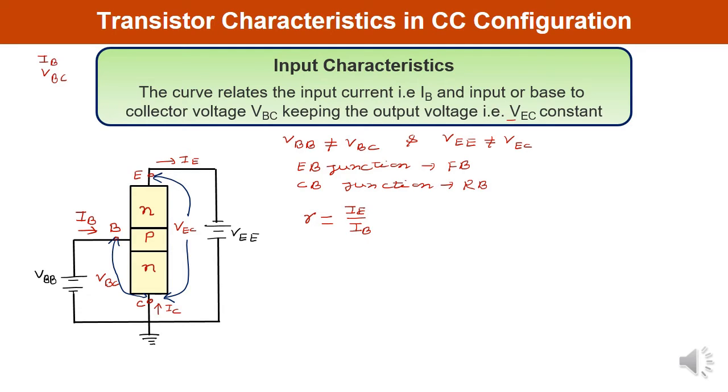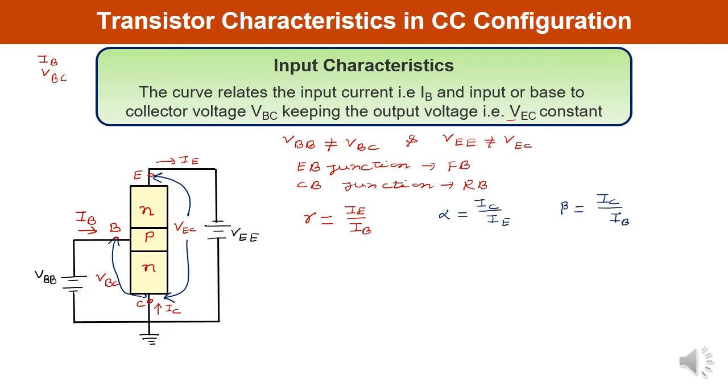At the same time, you know that there is a current gain alpha, for the common base configuration. This is the ratio of IC over IE. And the current gain for common emitter configuration, denoted by beta, is the ratio of IC over IB.